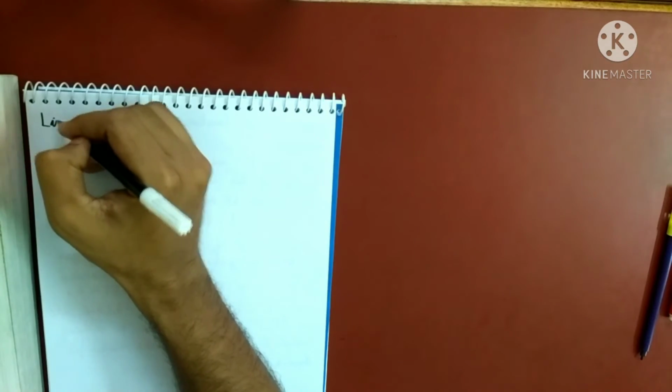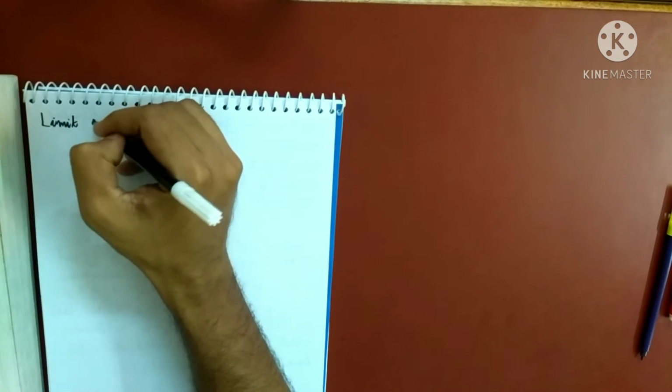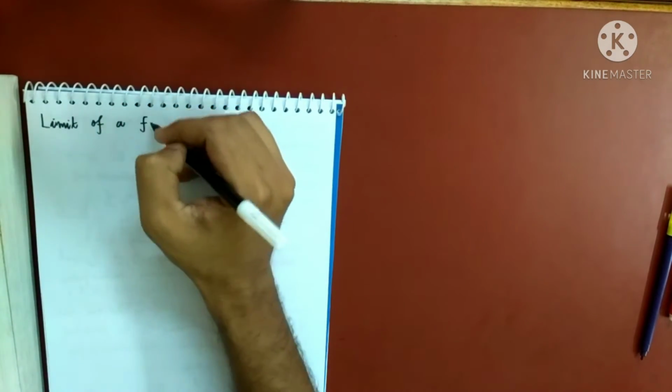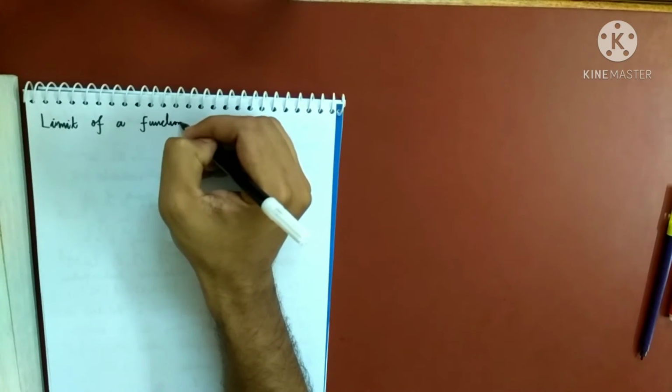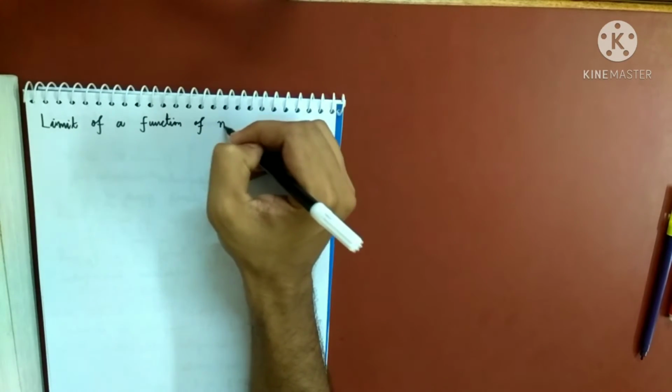So this is the thing: limit of a function of n variables.